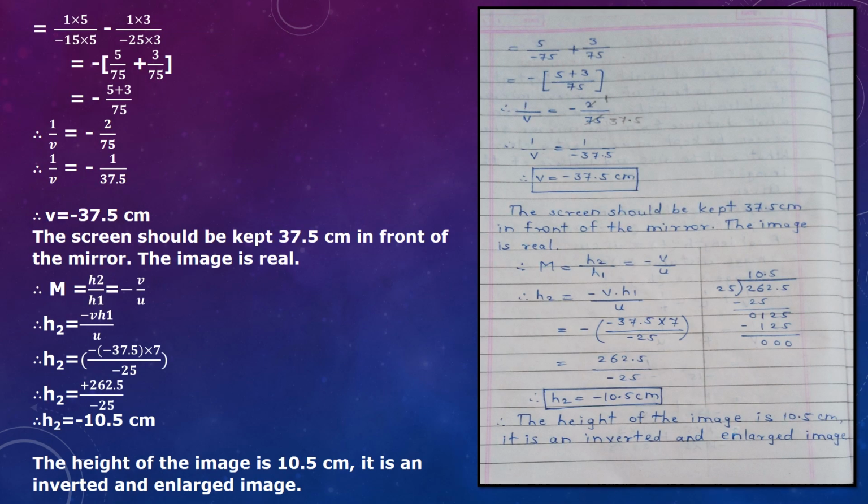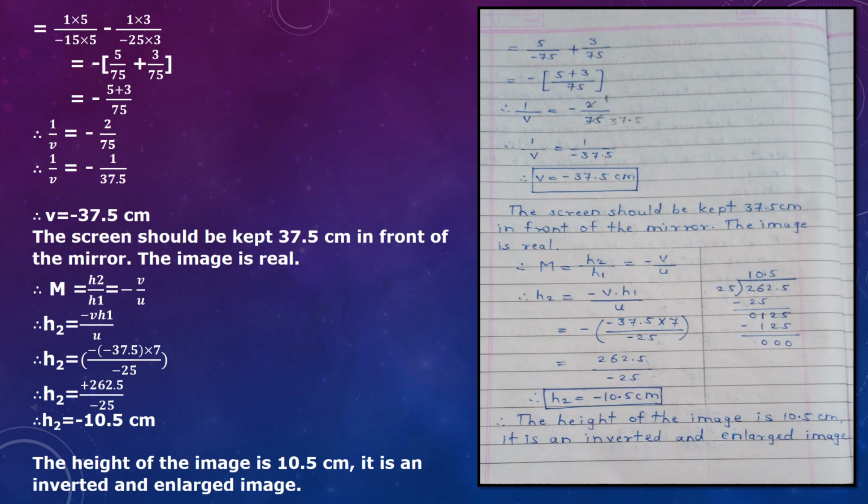Now after that we have to make their denominators equal. So for making denominators equal, for first fraction we are going to multiply it by 5, and the second fraction we are going to multiply it by 3. So 1 into 5 upon negative 15 into 5 plus 1 into 3 upon negative 25 into 3. So that is equal to, we are going to take the negative sign out of the square bracket.